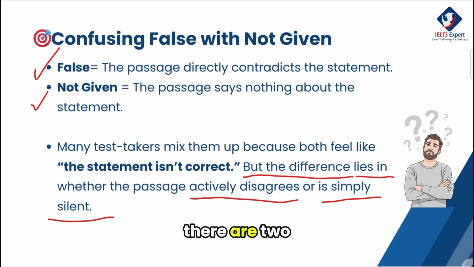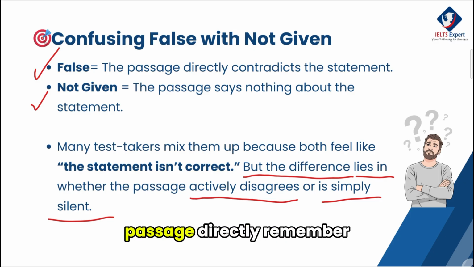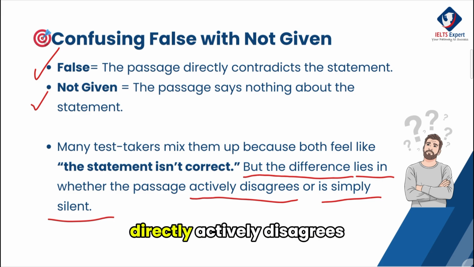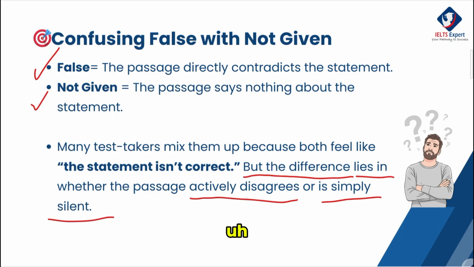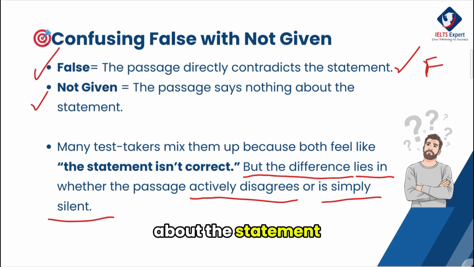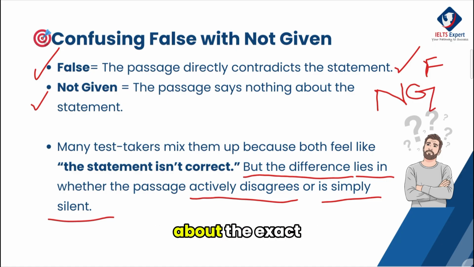So there are two things you should consider. If the passage directly, remember, directly, actively disagrees with the statement, you will decide false, so you will write F. But when the passage says nothing about the statement, meaning it is simply silent, with no information about the exact information in the statement, or not enough information to decide, then you're going to write NG, which is not given.